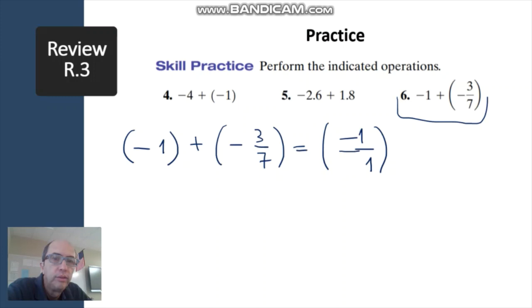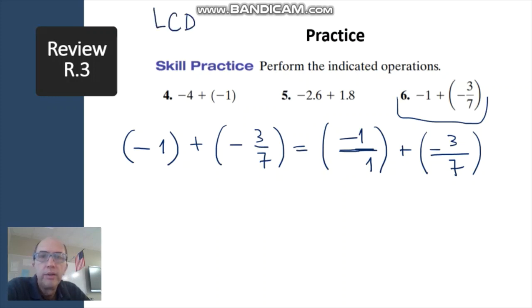Negative 1 over 1 plus negative 3 over 7. The least common denominator, let's write down here, least common denominator. You have 1 and 7, the least common denominator is going to be 7, right? So use the least common denominator.